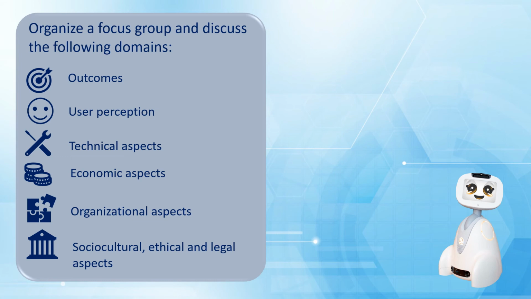Last aspect to think about is sociocultural, ethical and legal aspects. There might still be some issues about privacy or about the use of the robot in a medical context, which requires that it has been accepted and accredited as a medical device. There might also be other legal questions.